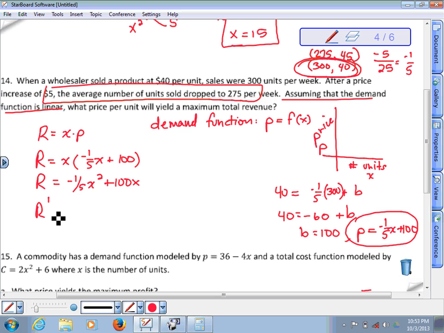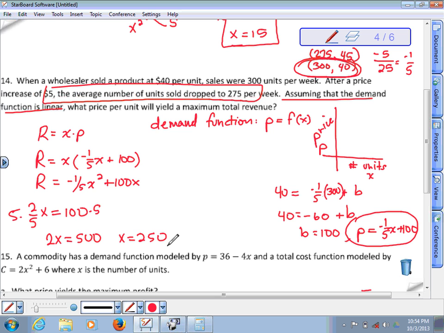Now the derivative is equal to negative 2/5 x plus 100. If we set that equal to 0, I'm going to add this term to the other side, and end up with that. Multiply both sides by 5. Get 2x equals 500. Divide by 2 and x equals 250.